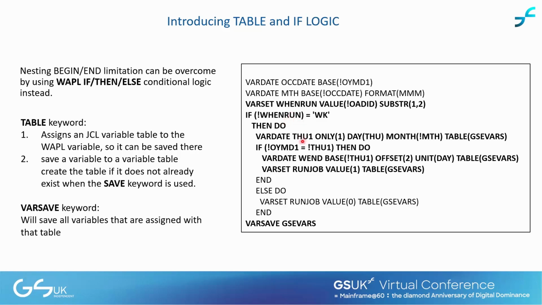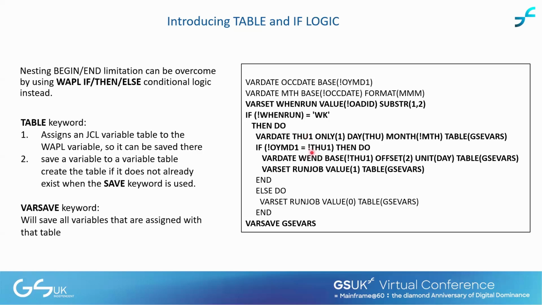And when that's true, we'll calculate only the first Thursday of the month as we did before, and we will assign that value to the THU1 variable. Then we have a second evaluation where we check if the application input arrival date is equal to the first Thursday of the month.